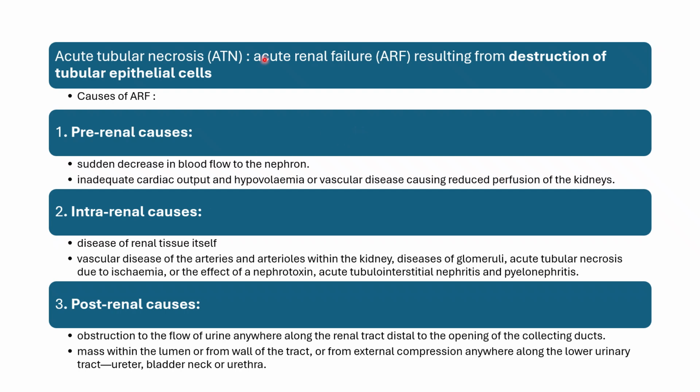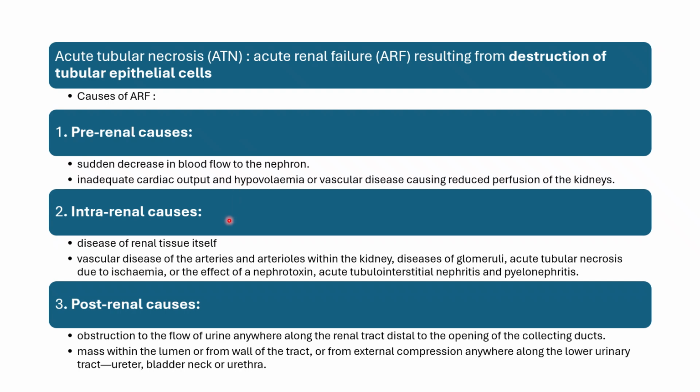So acute tubular necrosis is nothing but acute renal failure resulting from destruction of tubular epithelial cells. It is an important classification to remember from a pathological perspective. We have pre-renal, renal and post-renal causes. Pre-renal is due to obstruction or a problem in the perfusion of the kidneys, causing a sudden decrease in blood flow to the nephron.